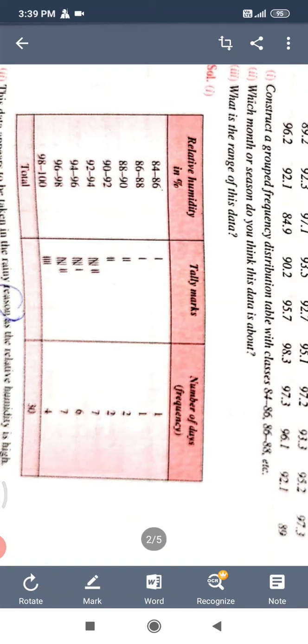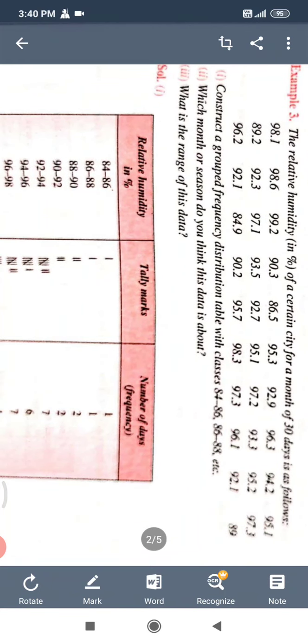Now 96 to 98, you will obtain 7 numbers. Do not include 98. So 5 plus 2, 7. Okay, next 98 to 100. Do not consider 100 in it. We can consider up to 99.